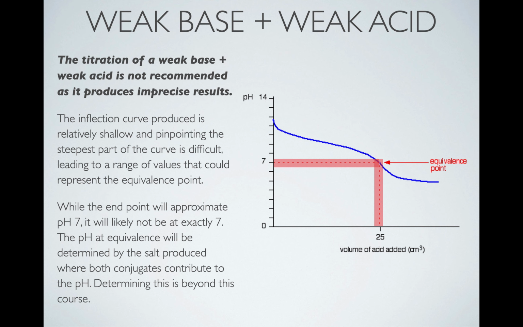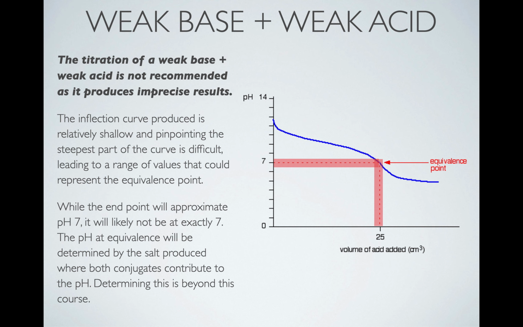Let's talk about the fourth option here, a weak with a weak. What ends up is you get a curve like this. It's a namby-pamby kind of curve that you don't really get an inflection for, and it's really hard to tell where that equivalence point is. So here, looking at this curve, look at the red area that I've used there.